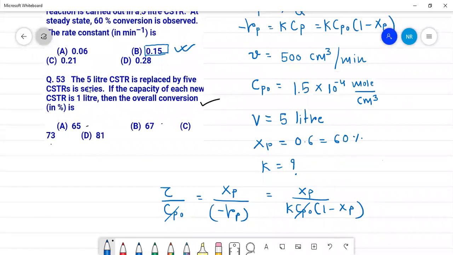Now another question. 5 liter CSTR is replaced by 5 CSTR in series. If the capacity of each new CSTR is 1 liter, so every CSTR having capacity 1 liter, then overall conversion is in percentage.